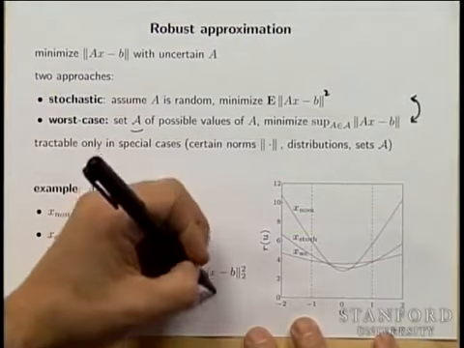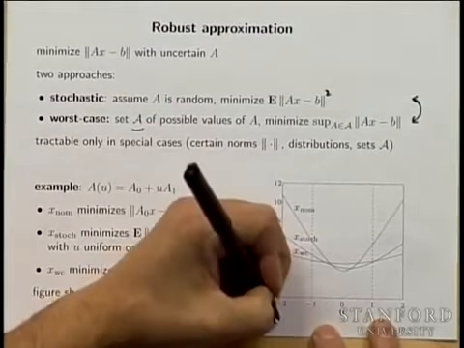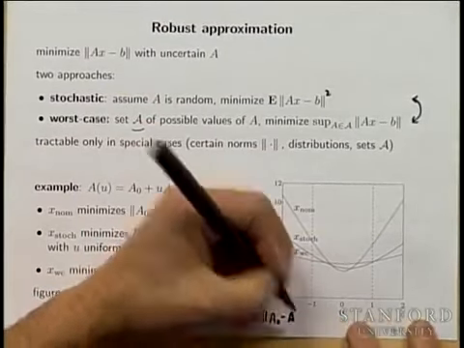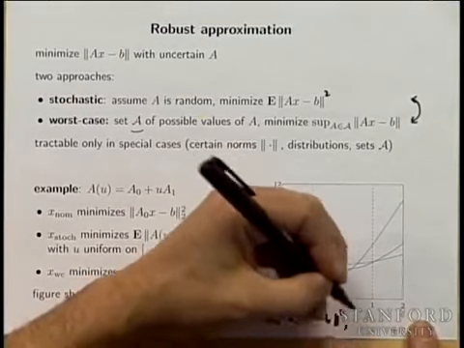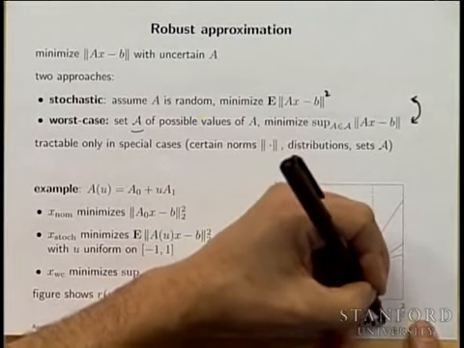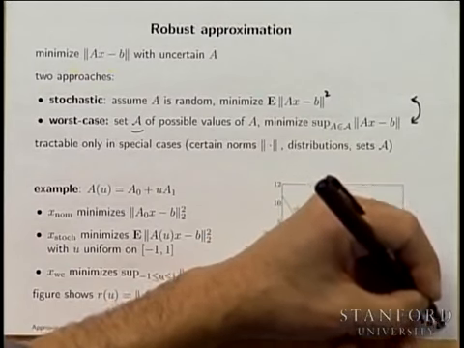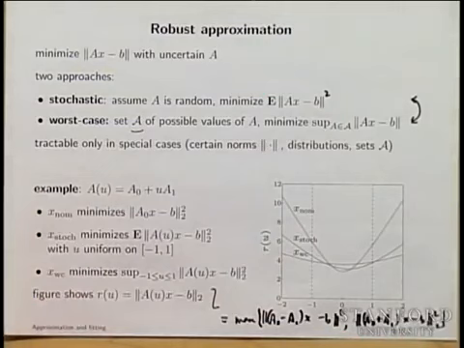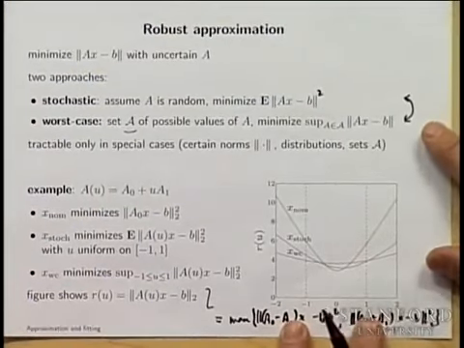It's equal to the max of two things: norm of (A0 minus A1 x minus b) squared and (A0 plus A1 x minus b) squared. Everyone agree with me? That's it. Now we're back in business. Everybody knows how to solve this.